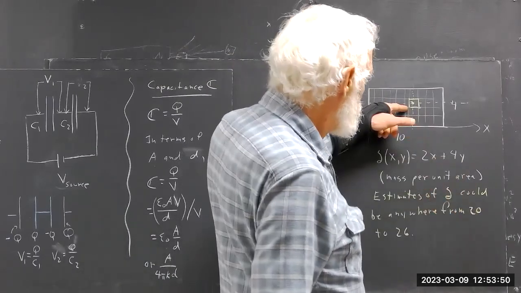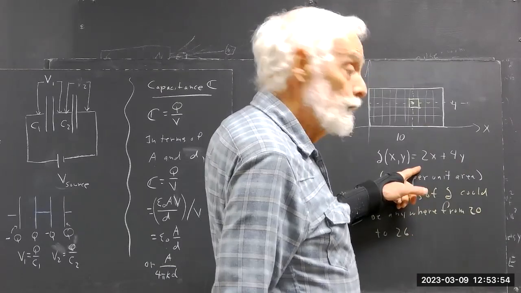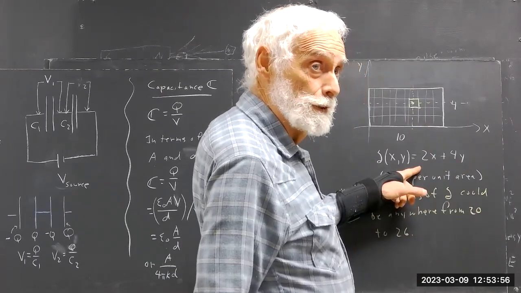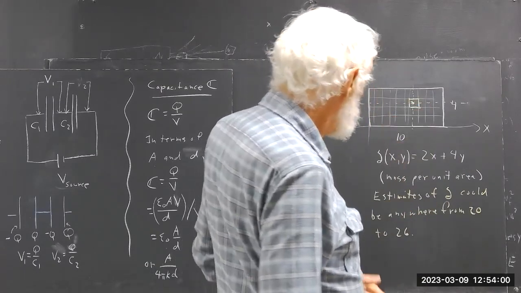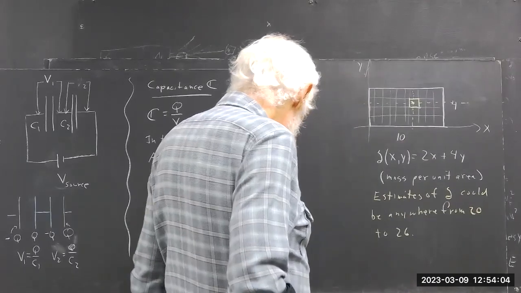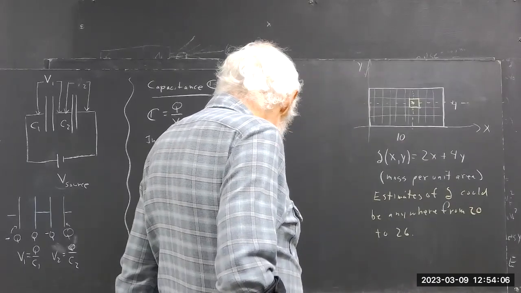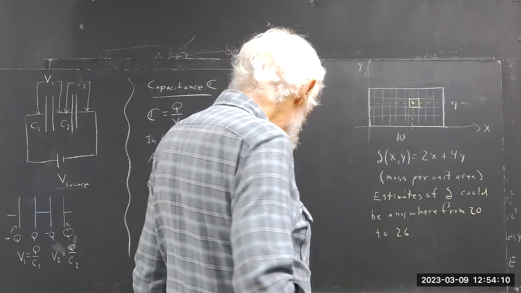That's at the lower left-hand corner, and this is at the upper right-hand corner. What's the gradient of this function? 2i plus 4j. So the gradient, not totally relevant to the integral, but we're actually getting the total amount.